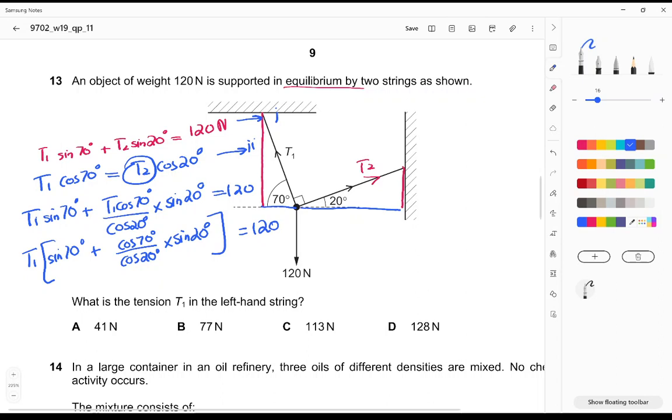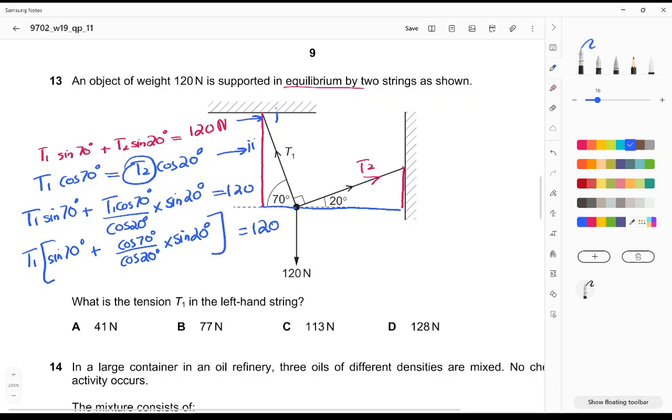So let's recheck everything. Looking at the first equation, T1 sine 70, T2 sine 20, that is correct, and that is equal to 120. Similarly, the right-hand side is cos, so that is correct. And when I made the substitution, T1 cos 70 divided by cos 20, that is correct. Everything seems to be correct.